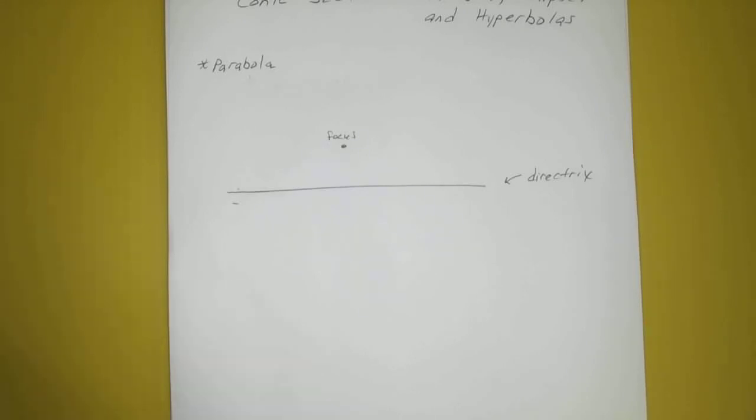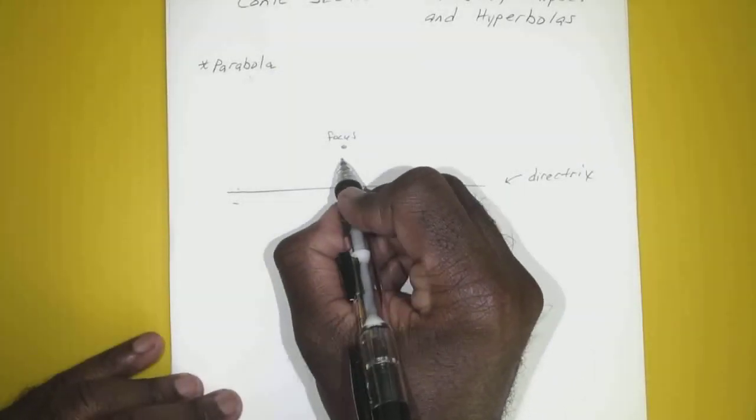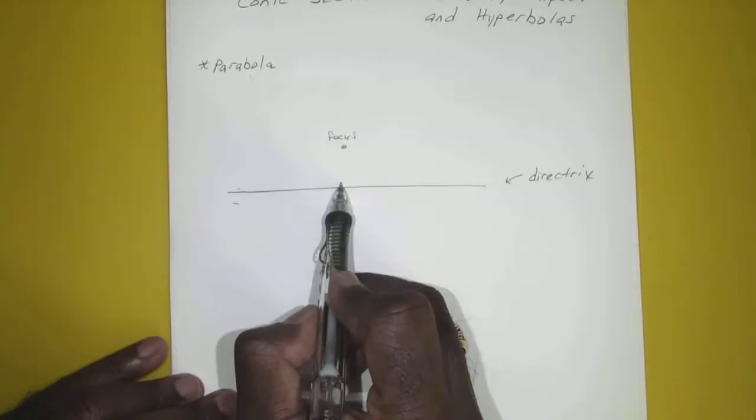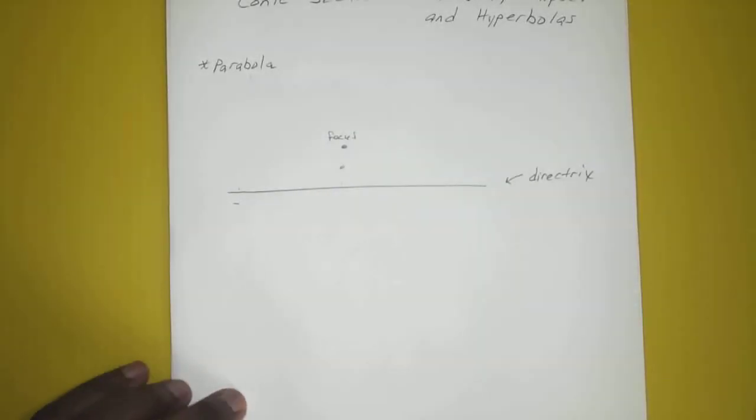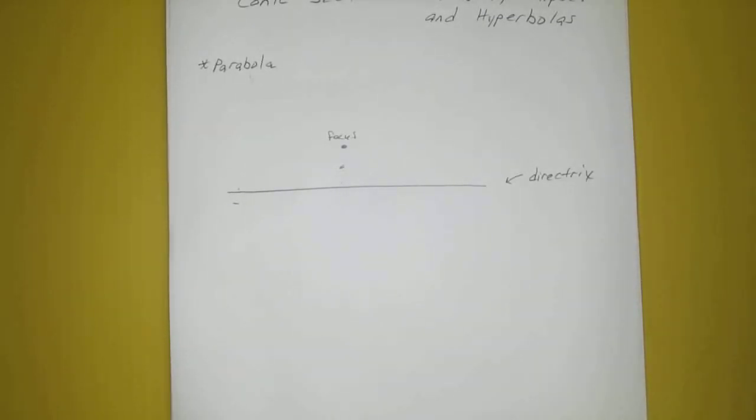Okay, so what if we find a point halfway between the focus and the directrix? So we'll make that point there. Okay, so let's say we go to the left and to the right, and we find every point that's halfway between the two.